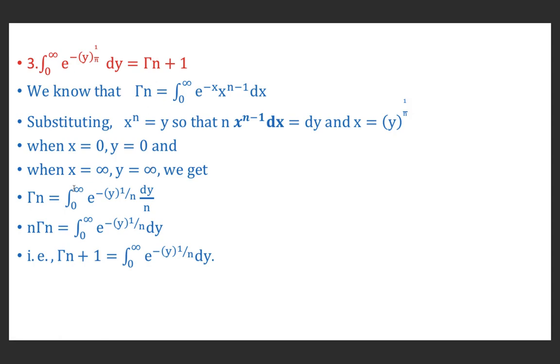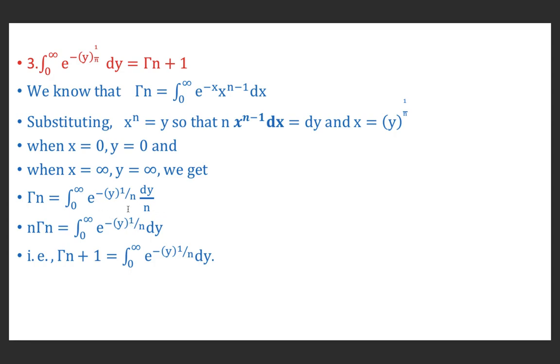So gamma n equals integral from 0 to infinity of e raised to minus y, y raised to 1 upon n, dy upon n. The n is constant, so we may shift it out of the integral, and if we cross multiply, it will be n gamma n equal to integral from 0 to infinity of e raised to minus y raised to 1 upon n dy.